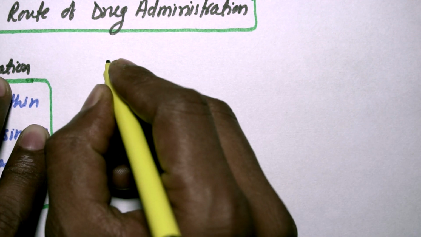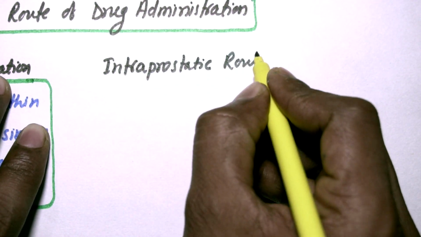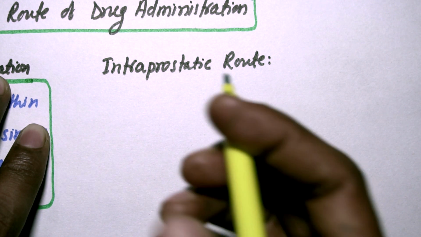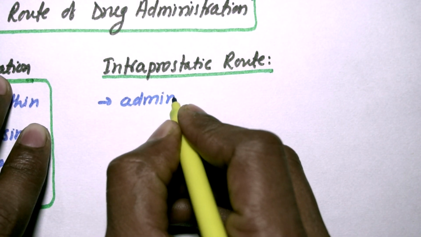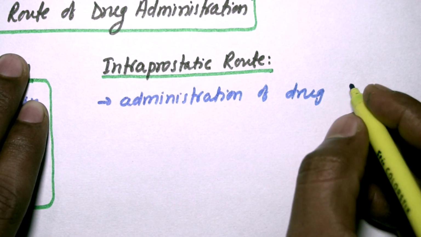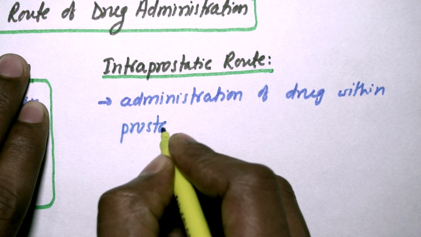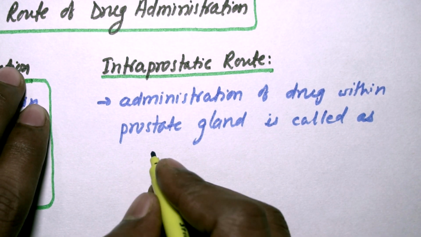Now another one is the intraprostatic route. Okay. So its name suggests it is for the prostatic gland. Okay, so administration of a drug within the prostate gland is called the intraprostatic route of drug administration.